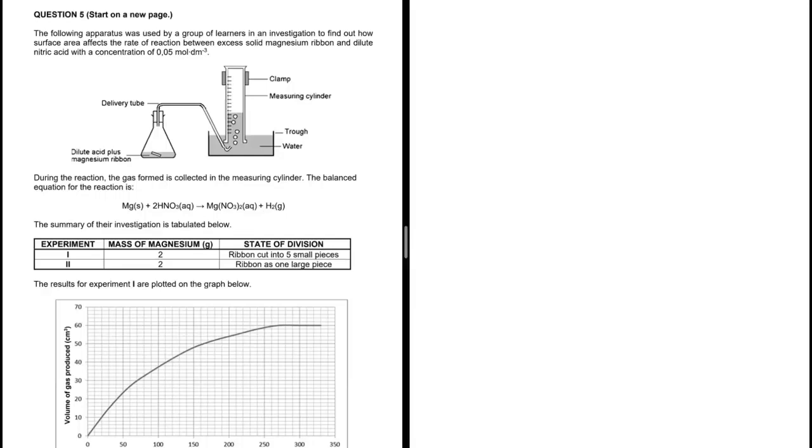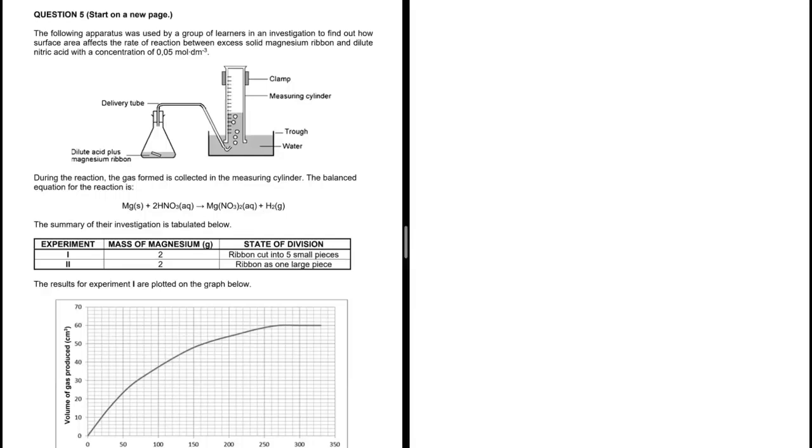5.6. Calculate the mass of magnesium metal that remains in the conical flask when the reaction is stopped. Assume that the molar volume is 24 decimeter cube per mole. So the molar volume is 24 decimeter cube per mole at room temperature. Okay, fine.